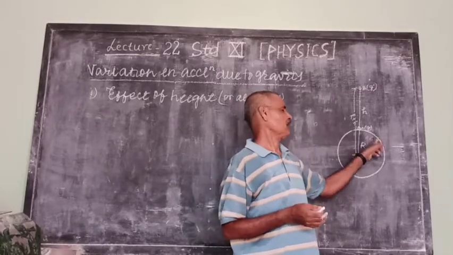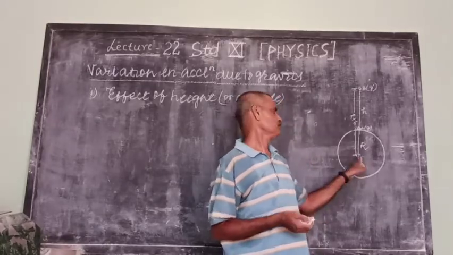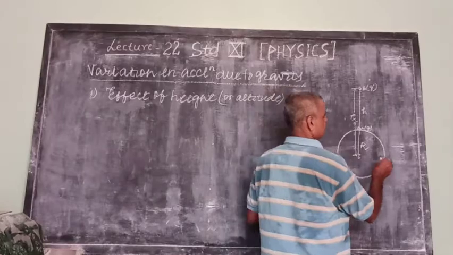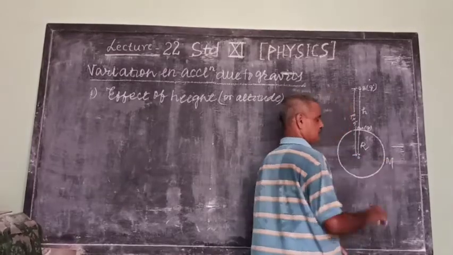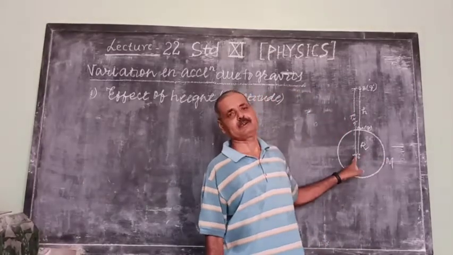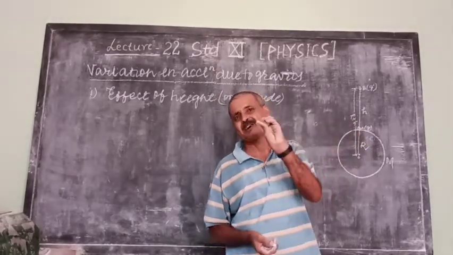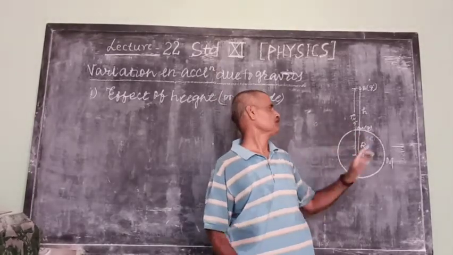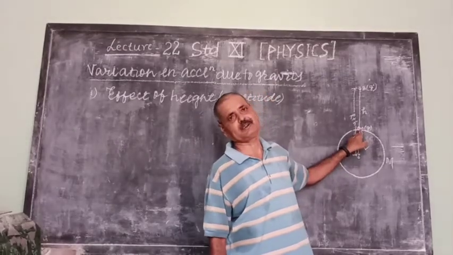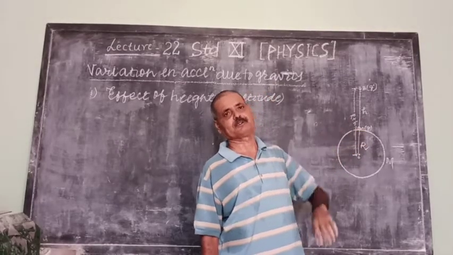Consider earth to be a solid sphere having mass capital M, O be the center of the earth, m be the mass of the body when the body is situated on the surface of earth.